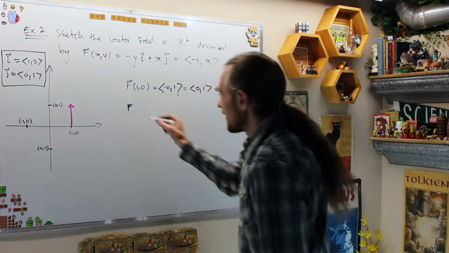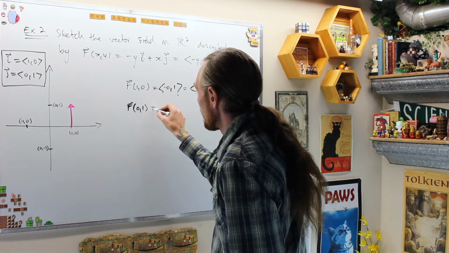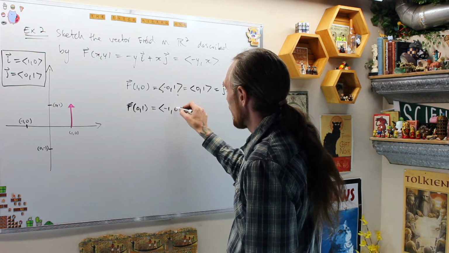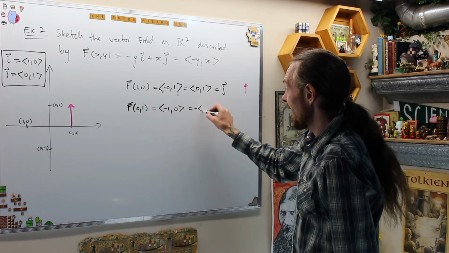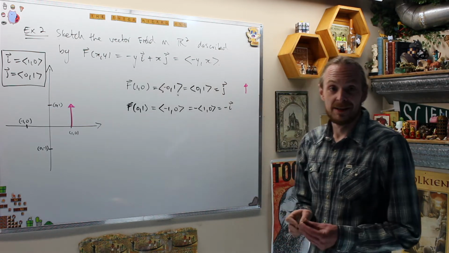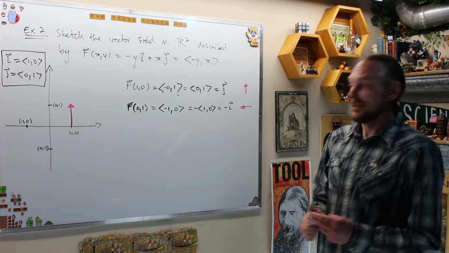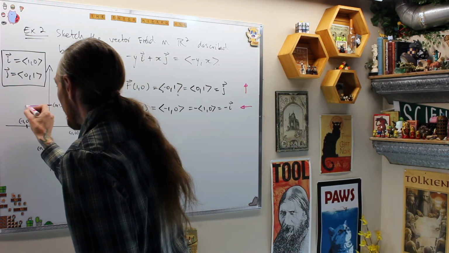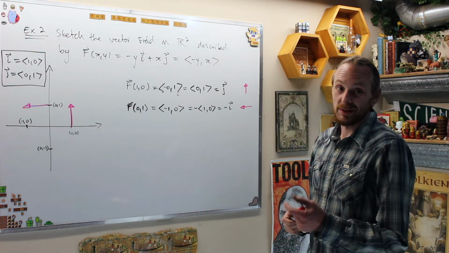Then what I'm going to do is f of this point, 0, 1, is going to give me negative 1, 0, which is negative i. Who's negative i? This guy. So I'm going to get this vector, also with magnitude 1, because I'm on the circle of radius 1.